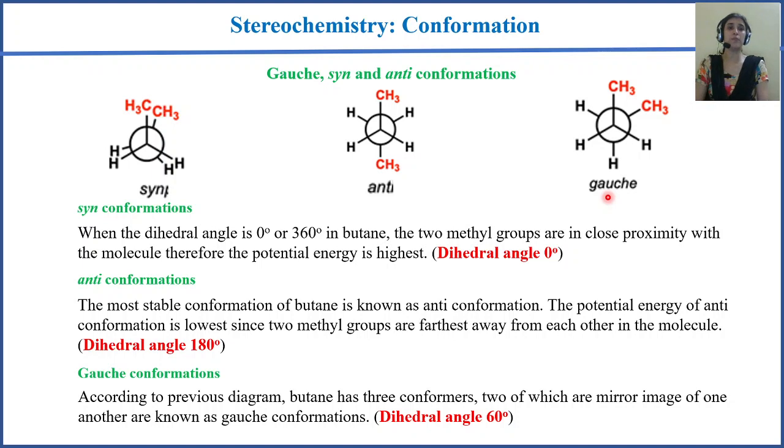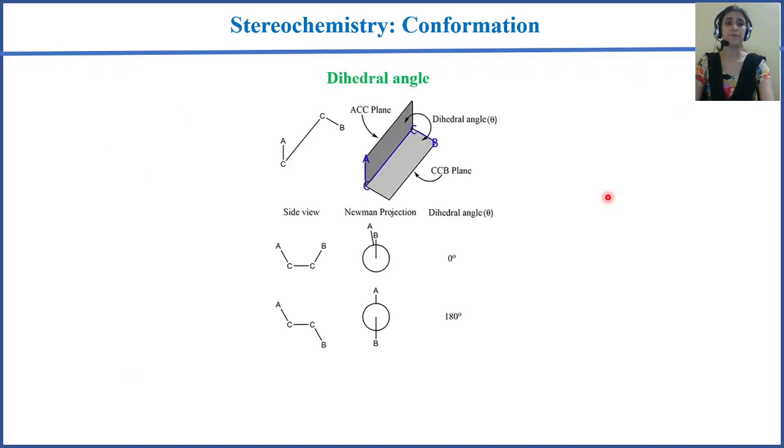Since the population of these two gauche forms is the same, because they have the same energy content, as a whole the molecule is achiral. I will discuss this again and again later so that you can clearly understand this statement.